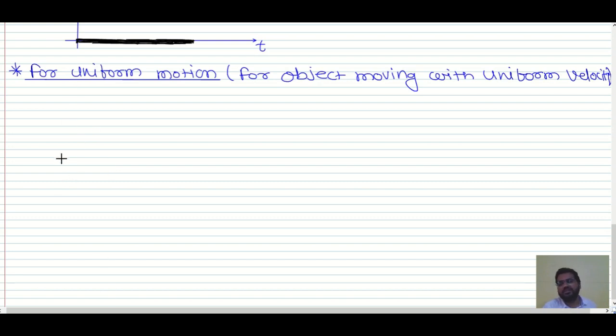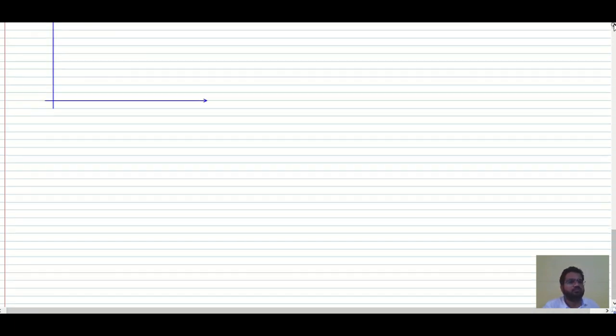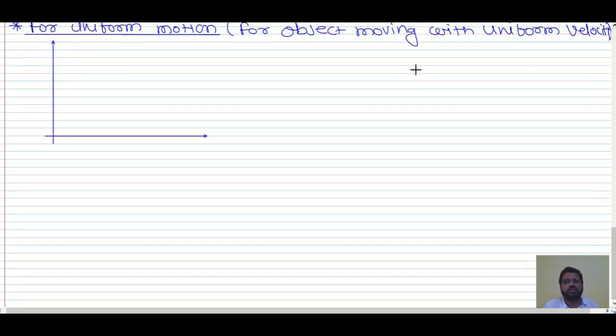So for this, same thing, we want displacement time graph. So this is the displacement time graph we have. Then we want velocity time graph.